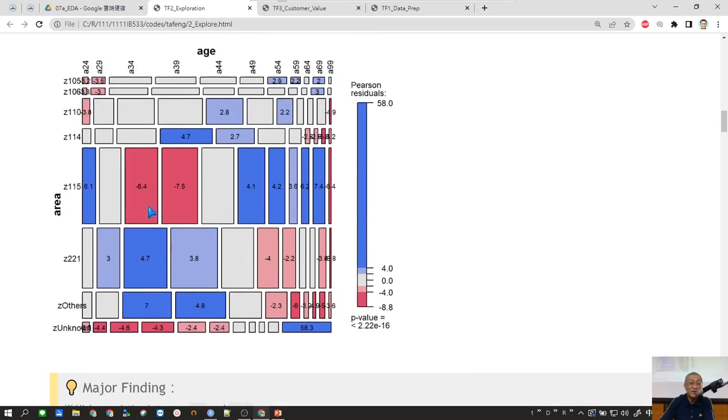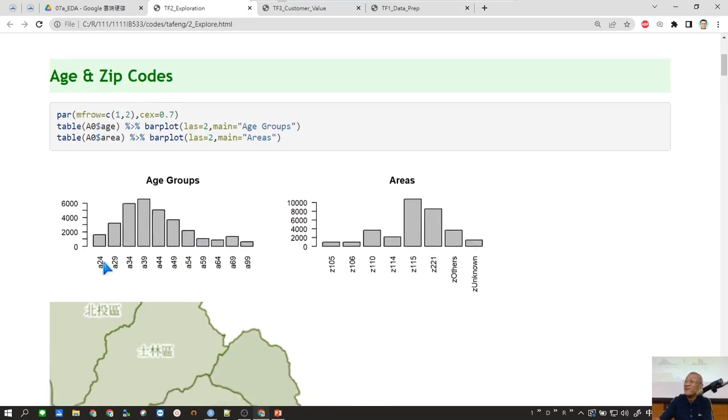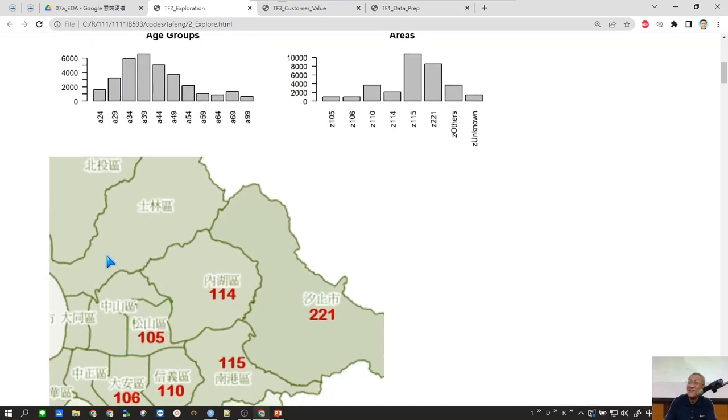The reason these two boxes are red is that in Z115, the proportion of age groups 34 and 39 is lower than in the overall population.